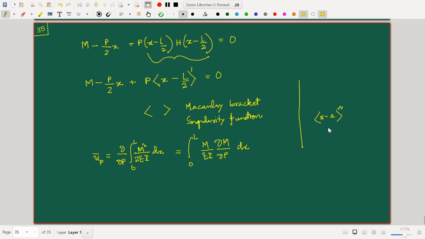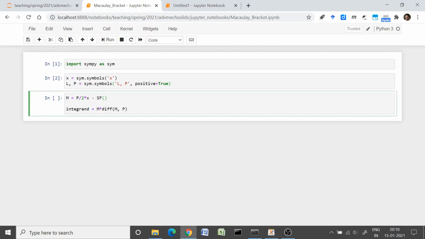So it's like a 3-parameter thing. Here of course our n is equal to 1, our a is equal to L by 2, and x is x. So this is x, comma, L by 2, comma, 1.